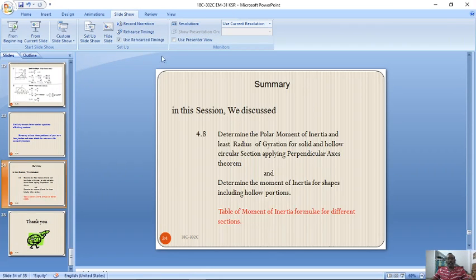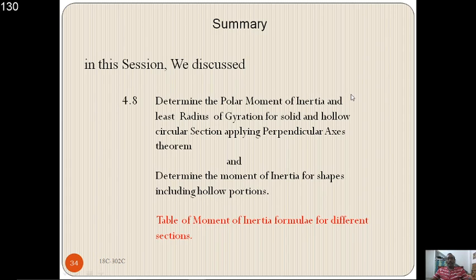In this session, we discussed the determination of polar moment of inertia and least radius of gyration for solid and hollow circular sections, applying the perpendicular axis theorem. We also determined the moment of inertia for shapes including hollow portions, and we referred to the standard formulas of moment of inertia and centroids of different sections, and how the axis change affects the value of moment of inertia relative to the centroidal axis.